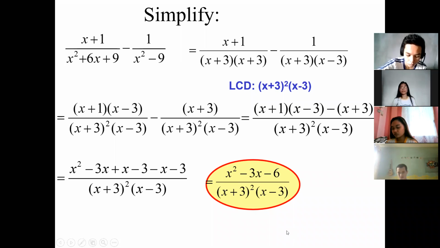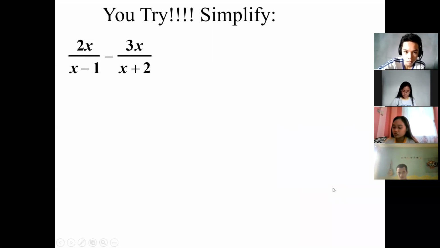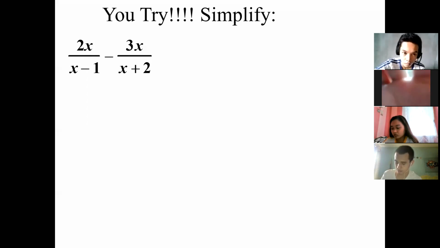Okay, can we move on to the next slide? Okay, so let's have this one. How about you try it before I solve it, Beth? You try. We had this before in our example, so I think you can manage to answer that one.